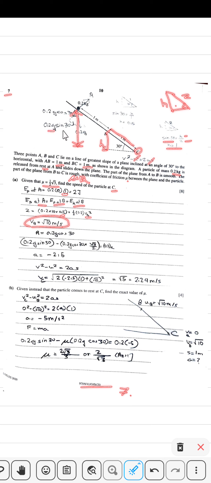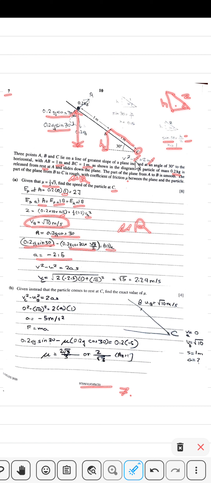The forward force, that is the downward component of weight, minus the backward resistive force is equal to mass times acceleration. The resistive force is mu R, where mu is given in the question, and R is the vertical component of weight, 0.2 g cos 30. So the forward force minus the resistive force equals mass times acceleration, and the acceleration comes to negative 2.5.